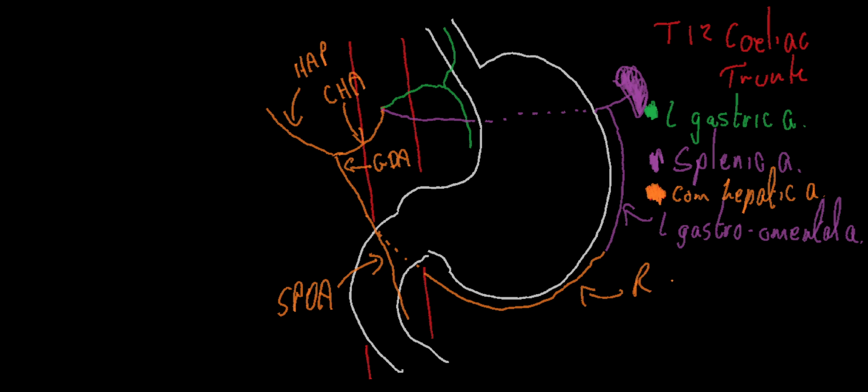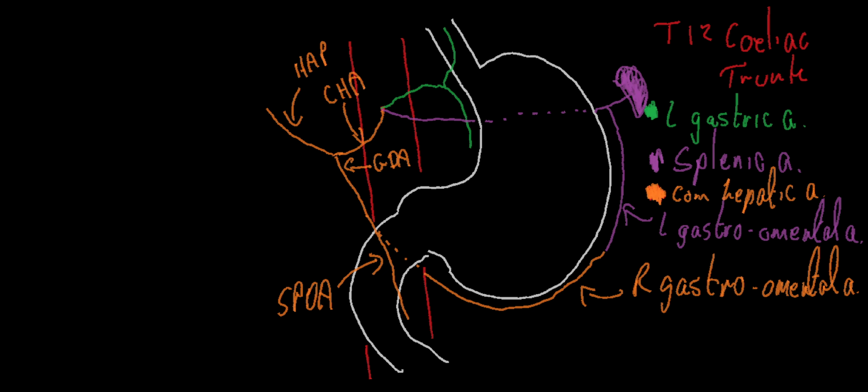So this is the right gastro-omental artery. And so finally we're left with the hepatic artery proper, as we said, continues to head in the direction of the liver itself.